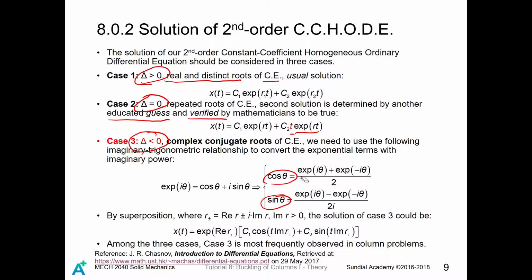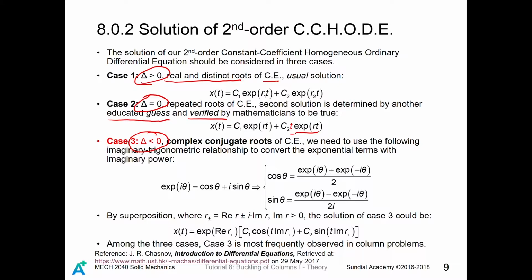By superposition, all those things can be written as exponential of the real part times C1 cosine of t times the imaginary part, plus C2 sine of t times the imaginary part. Among those three cases, case 3 is the most important in our column problems.